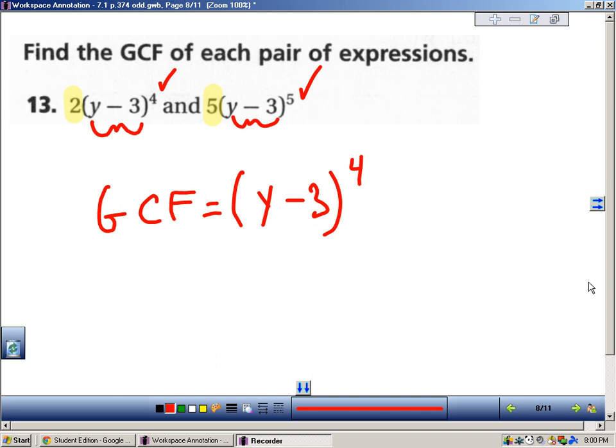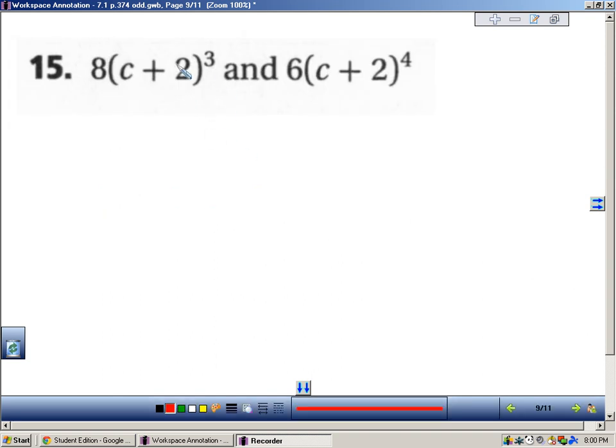Moving on. Okay, now let's look at 8 and 6. First, the factors, 8 and 6, what do they have in common? Well, let's think about it. 8 is 2 times 2 times 2. 6 is 2 times 3, right? So what do they have in common?